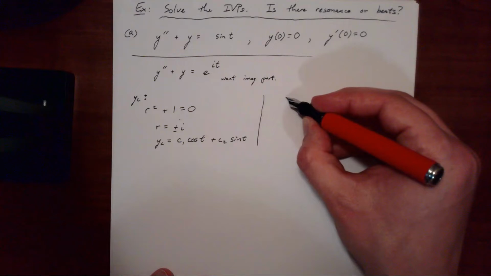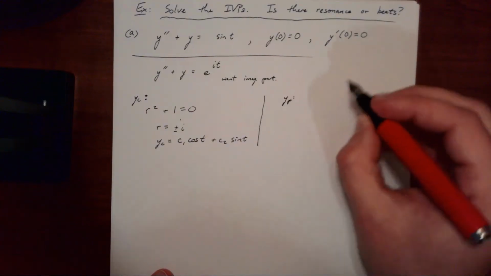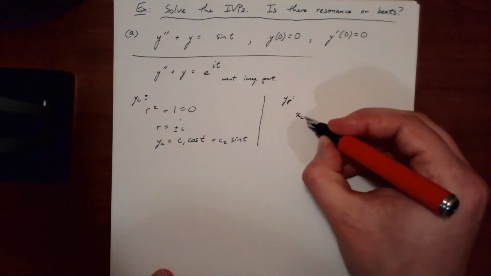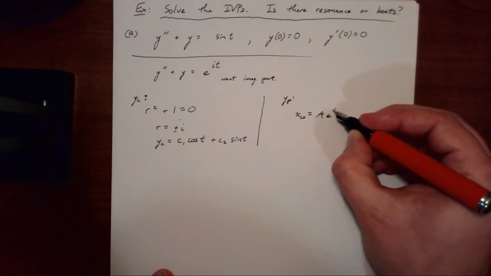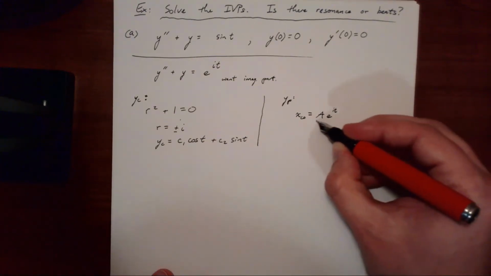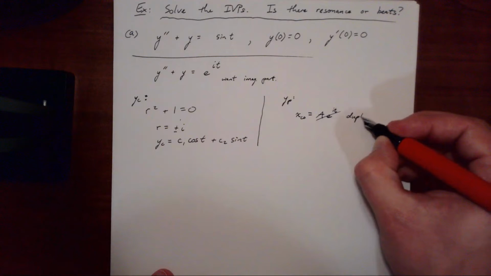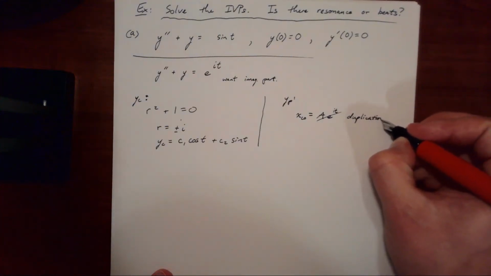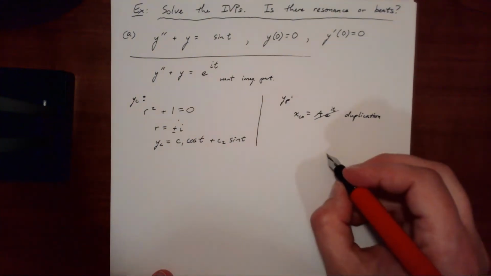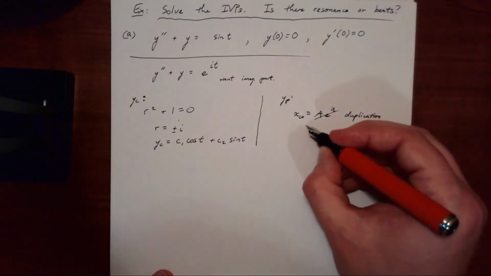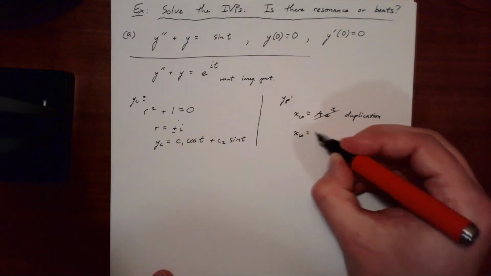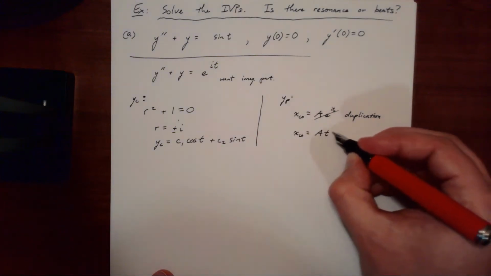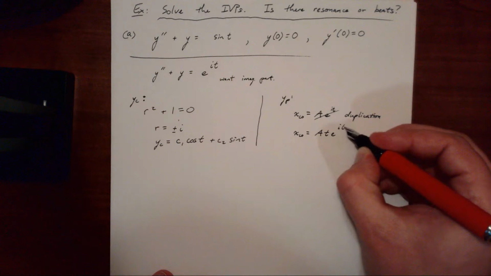So for the y particular, first draft, we tried a e to the it, but there's a duplication. Okay, well, if that's not going to work, then what? So we'll try draft 2: a t e to the it.